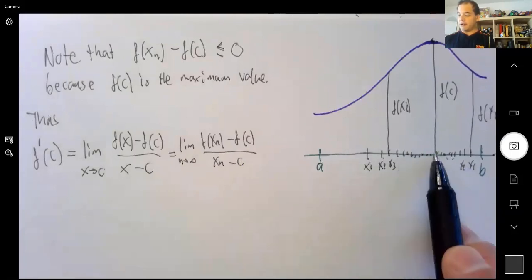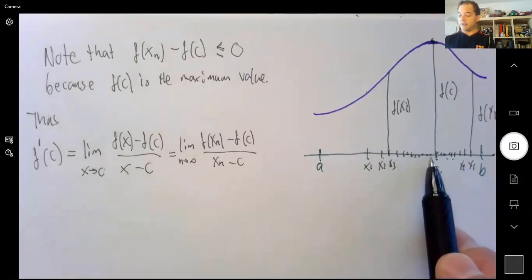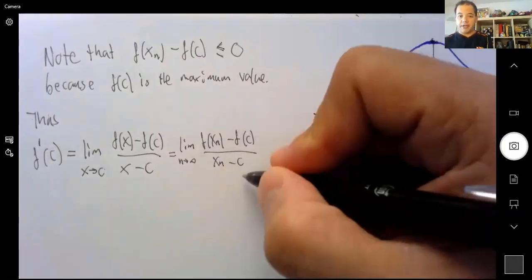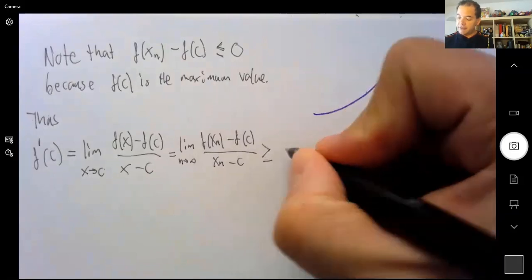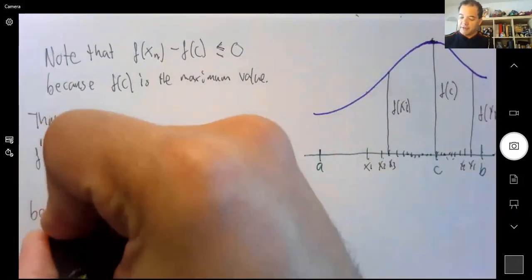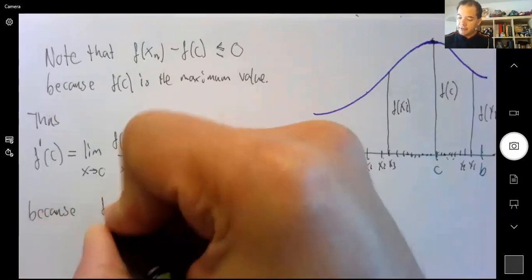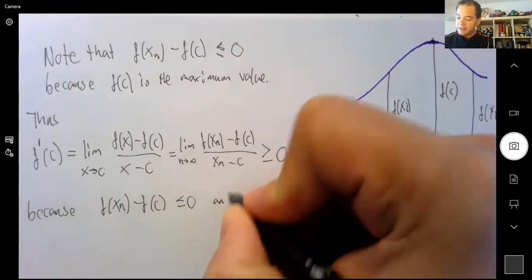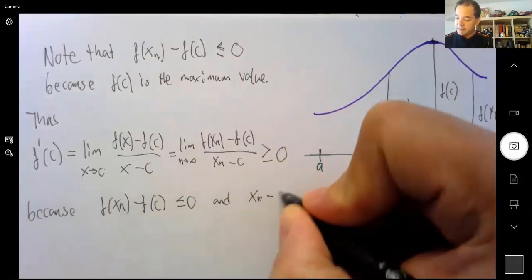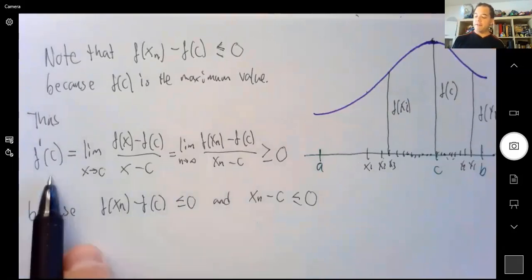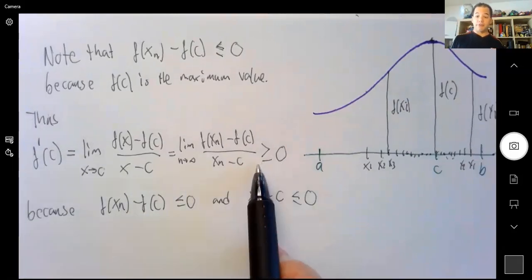So the denominator is also less than or equal to 0. So therefore, when you divide a negative number by a negative number, it is greater than or equal to 0. I'm going to write it here. Because f of xn minus f of c is less than or equal to 0, and xn minus c is less than or equal to 0. So that happens, correct? So I know that the derivative has to be greater than or equal to 0.